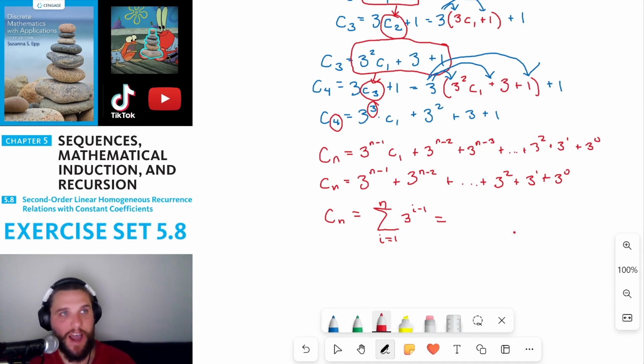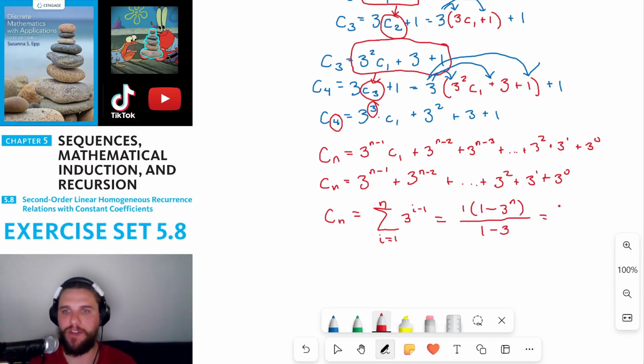Since this is a finite geometric series, there's a formula that we can use to evaluate what the series is. This is just the first term, which in this case is 1, times 1 minus the common ratio to the nth power, which in this case is 3 to the nth power, all over 1 minus r, which is the common ratio, in this case, 3.